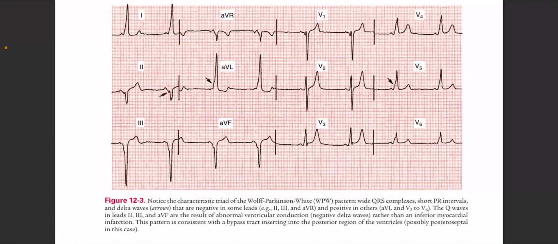The Q waves in leads 2, 3, aVF are the result of abnormal ventricular conduction, negative delta waves, rather than an inferior myocardial infarction.